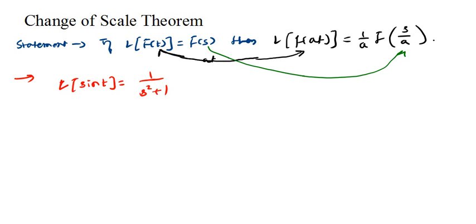But by using the change of scale theorem, we can calculate the Laplace transform of sin 3t. We have changed the scale, which means this t is replaced by 3t. So if you don't know the Laplace transform of sin 3t directly, and you know the change of scale theorem, you can calculate it using the Laplace transform of sin t.